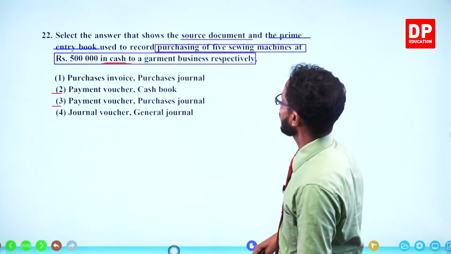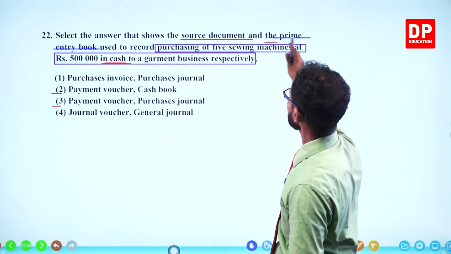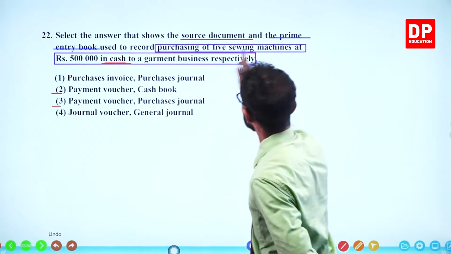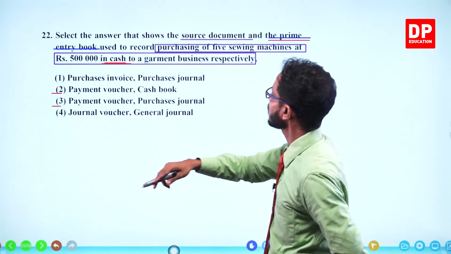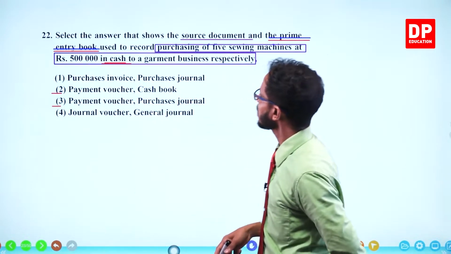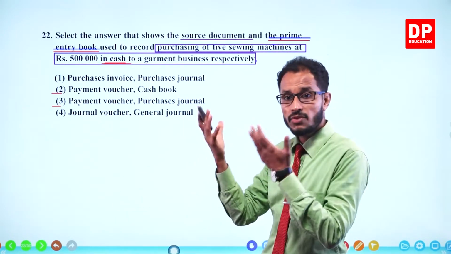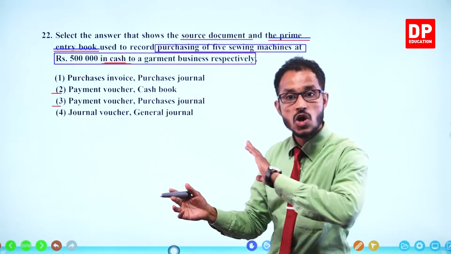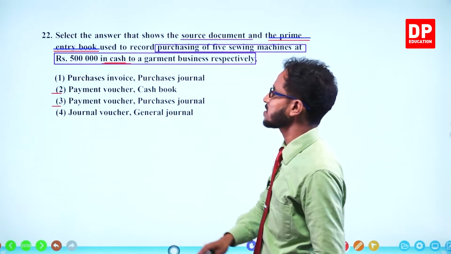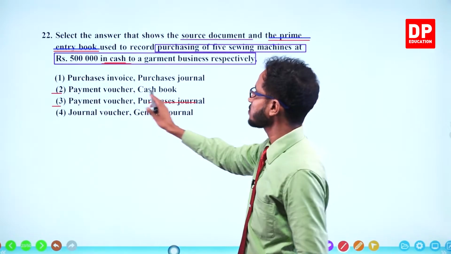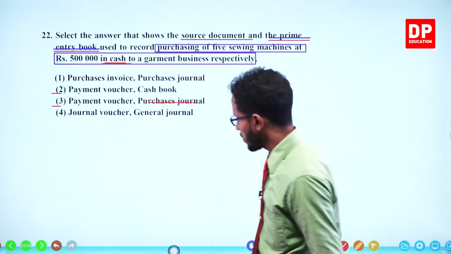What is the source document and the primary book? If it is a cash payment, where do you record? In which book? Purchases journal? No! Not in the purchases journal. In the cash book if it is a cash payment. Okay, that's it.